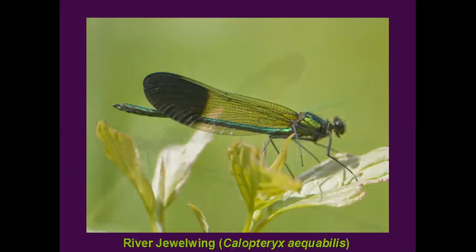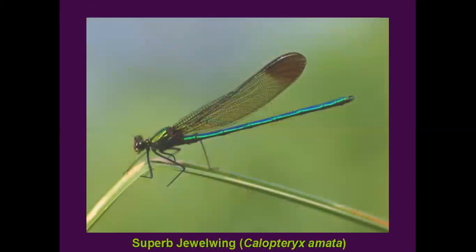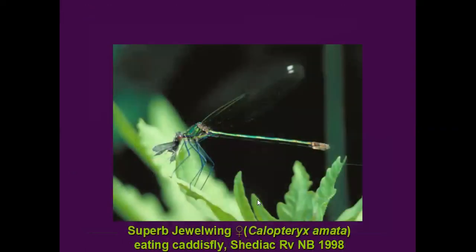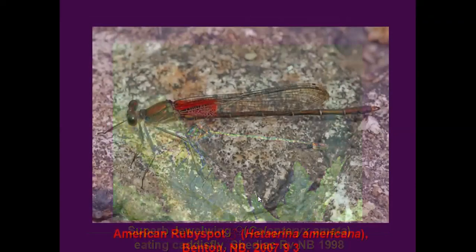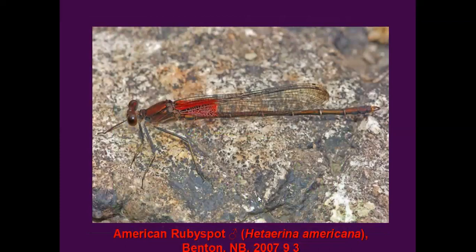darker. The superb jewel wing, which is the largest damselfly in Canada. It's actually bigger than most dragonflies as well. And it's got the last quarter of the wings amber colored. And here's one eating the caddisfly. And a recently discovered jewel wing, actually called the ruby spot.